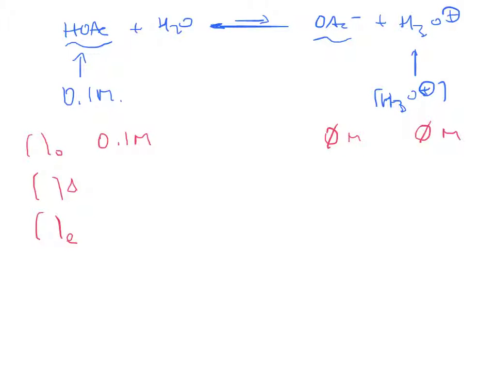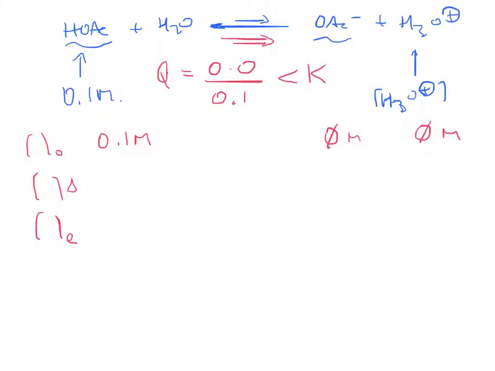Now, looking at this situation, we can see that Q, which is known as the reaction quotient, is equal to 0 times 0 divided by 0.1. Q is less than K in this instance, and that tells me that the composition of the mixture will shift in such a way that we will make some products. We will make acetate ion and H3O plus at the expense of acetic acid.